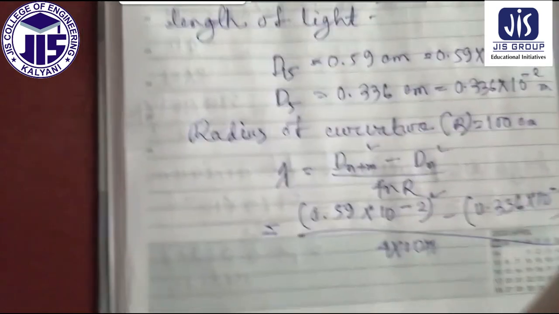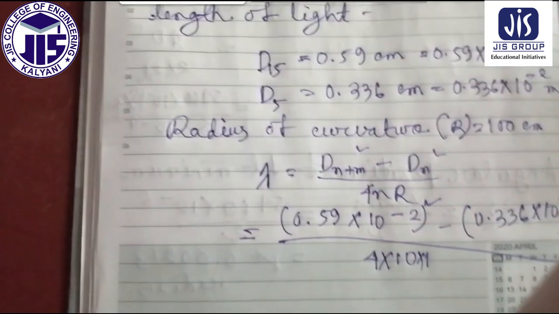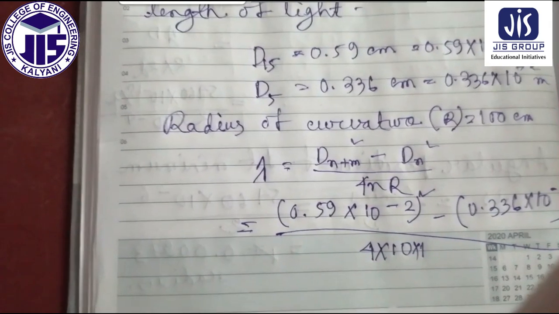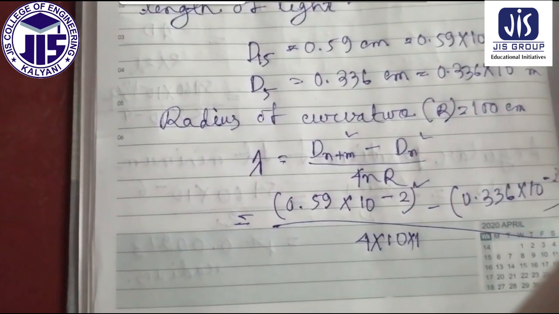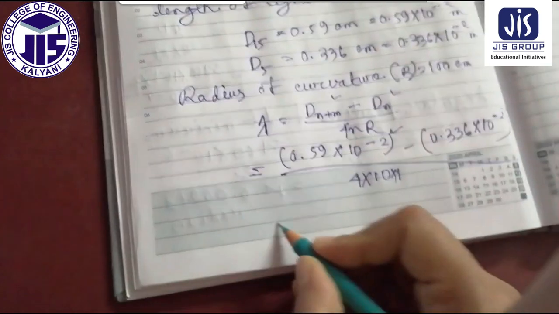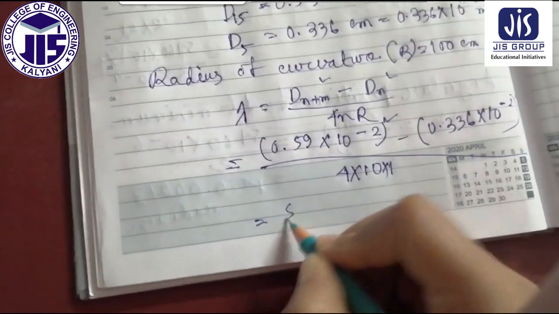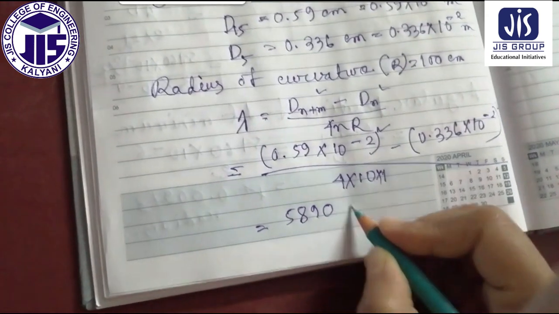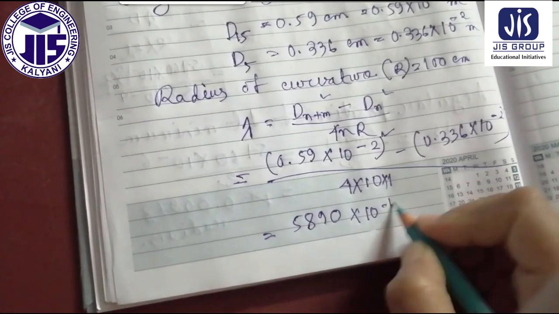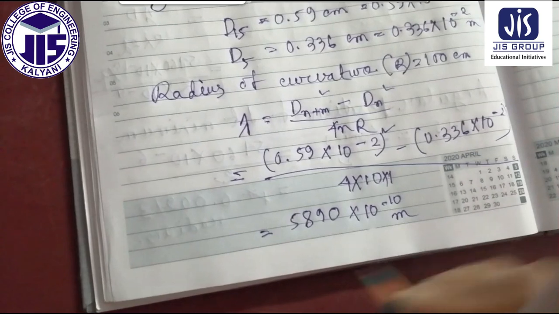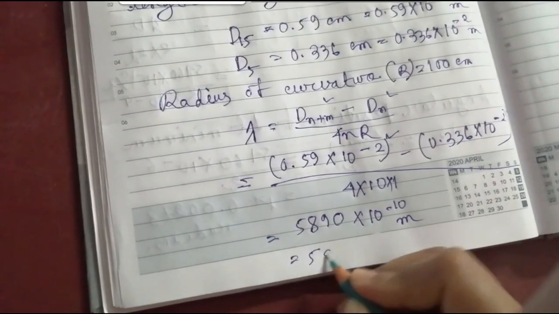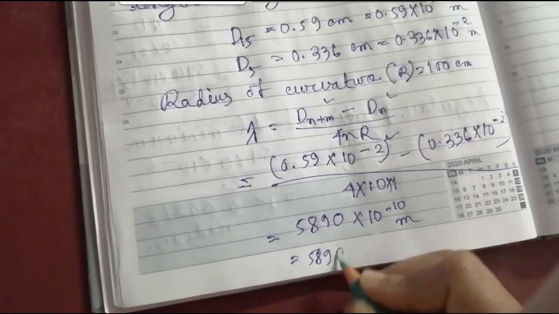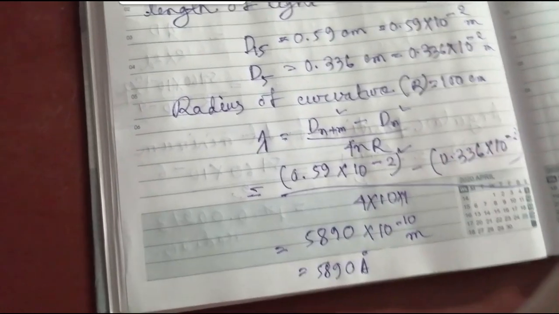If we put these values on your calculator, then finally you can get the answer as 5890 into 10 to the power minus 10 meter, that is therefore 5890 angstrom.